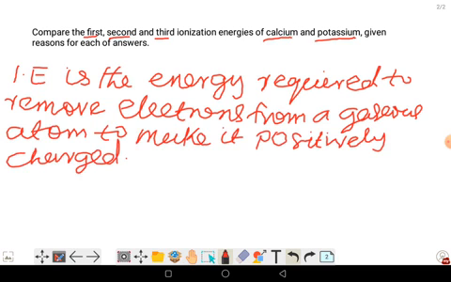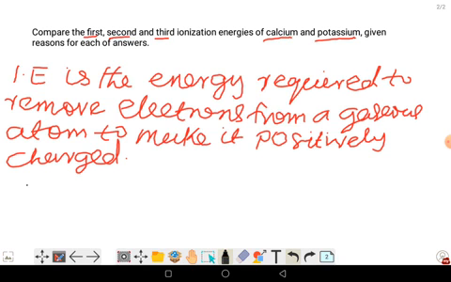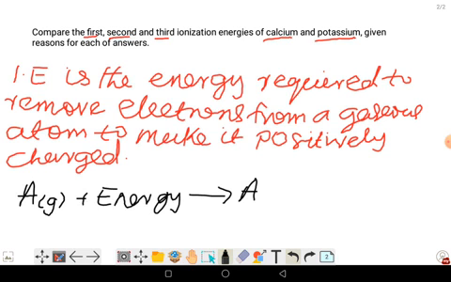So for ionization energy, assuming you have an element or an atom A in a gaseous state, plus energy, to give us A+ in a gaseous state as well, plus an electron, e-.